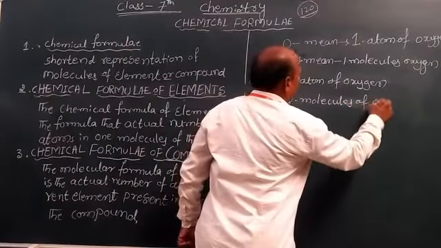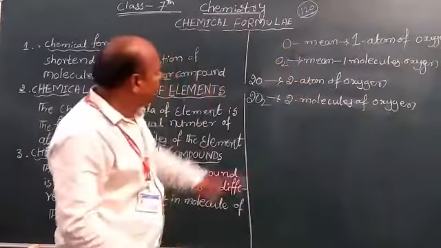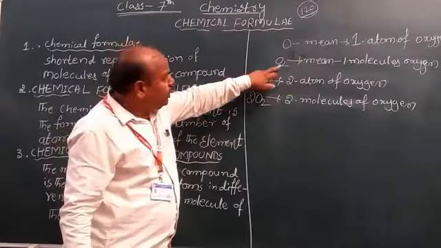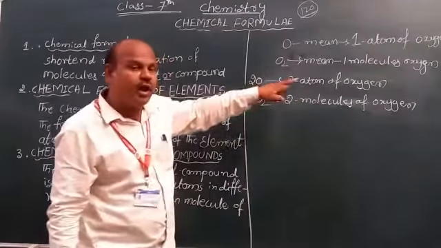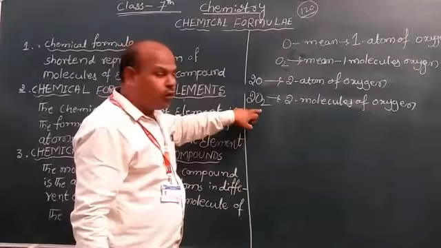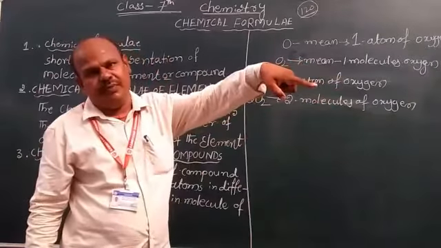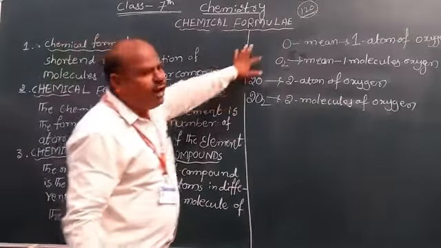So O means one atom of oxygen, O2 means one molecule of oxygen, 2O means two atoms of oxygen, 2O2 means two molecules of oxygen. These are all elements.